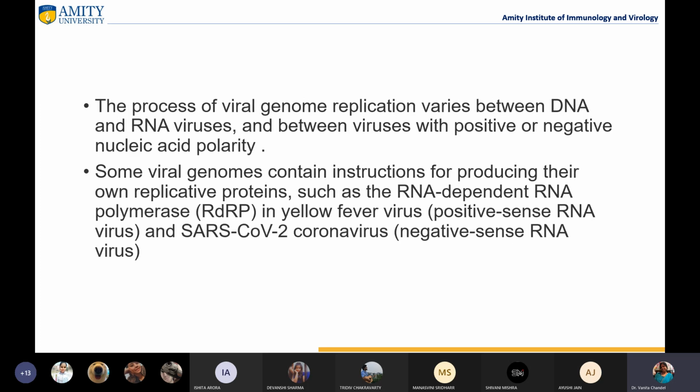The process of viral genome replication varies between DNA and RNA viruses, and between viruses with positive or negative nucleic acid polarity. Some viral genomes contain instructions for producing their own proteins, such as RNA-dependent RNA polymerase in yellow fever virus, which is a positive sense RNA virus, and SARS-CoV-2 coronavirus, which is also an RNA virus.